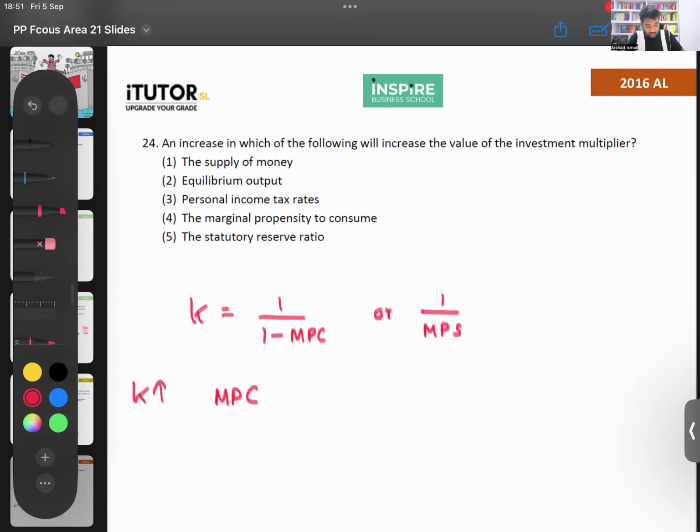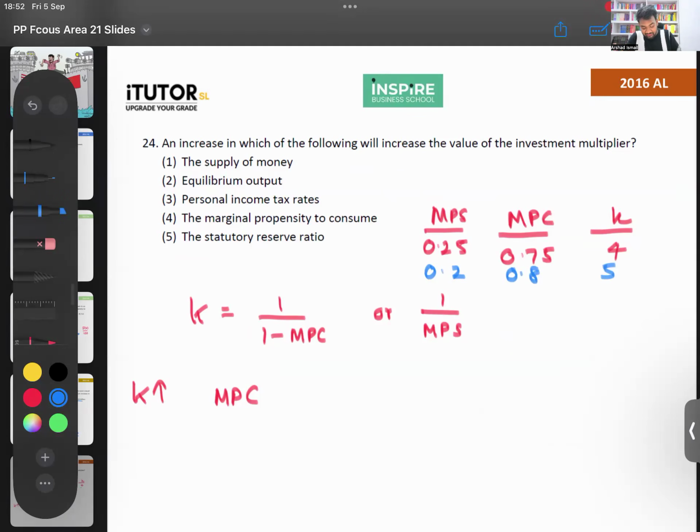Remember, when you all do calculations, when MPC is 0.75, how much is my multiplier? That's what we did in the previous one, MPS 0.25. You get a multiplier of 4. If your MPC goes to 0.8, how much is your multiplier?